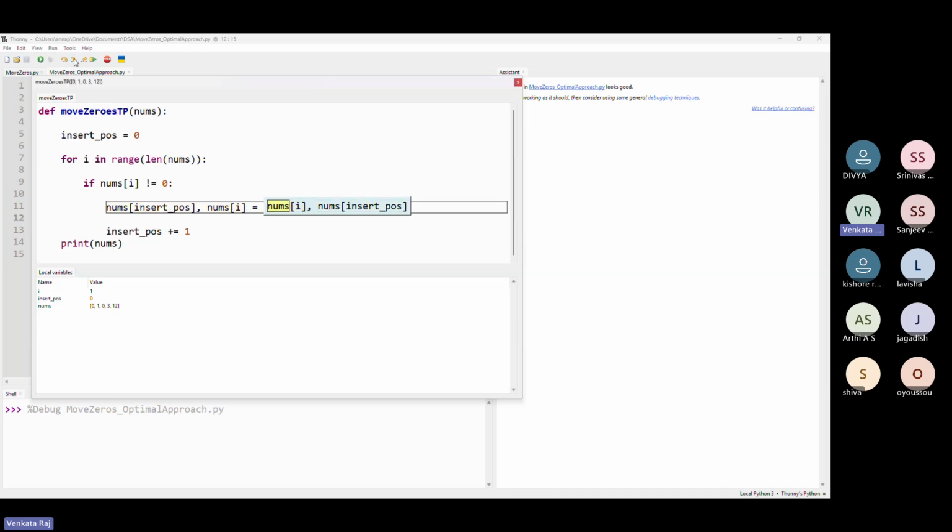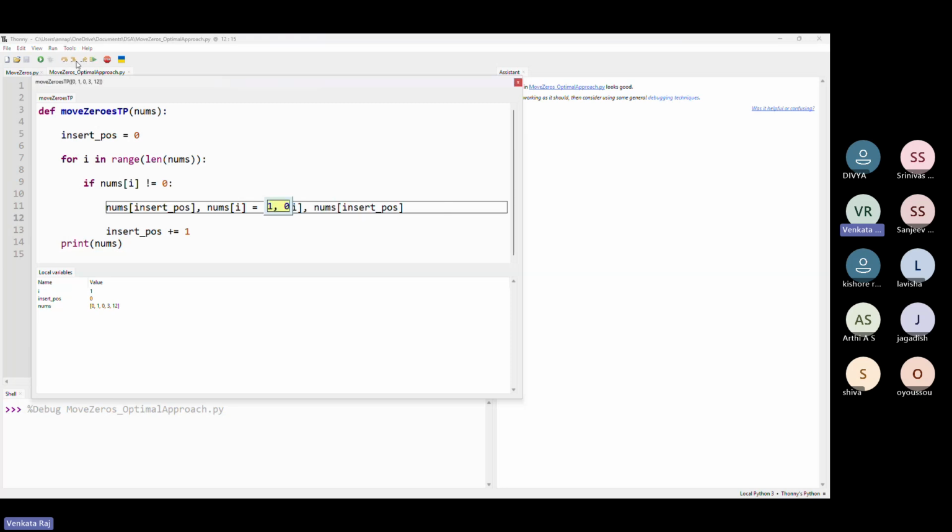The value of i for this loop iteration is 1, which is index 1, and the value is also 1, so 1 is picked. The insert position value is 0, whatever we initialized, not changed so far. So we take the 0th index of the array, and the value is also 0 here.